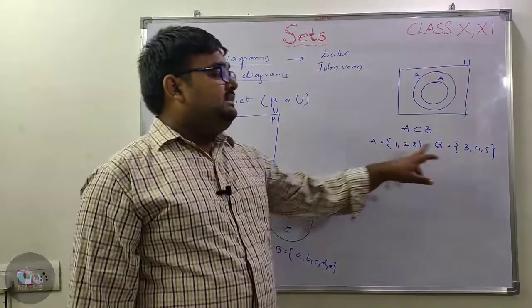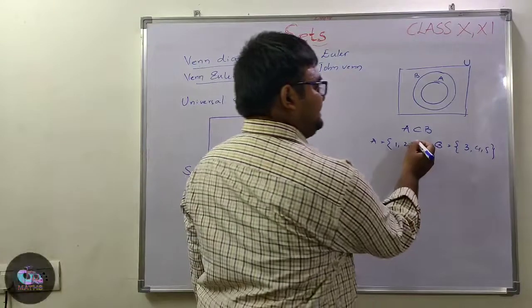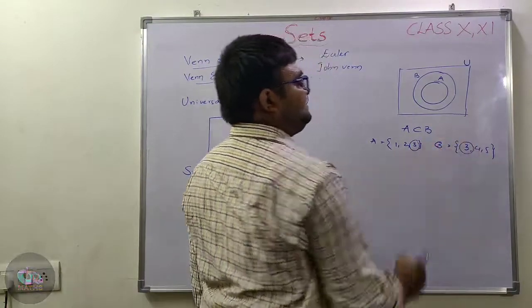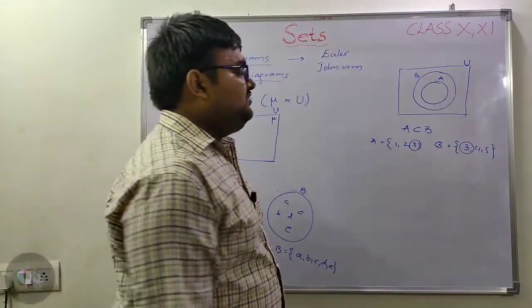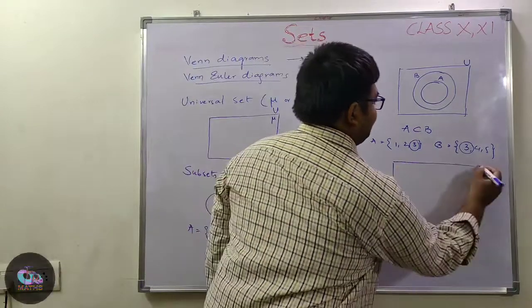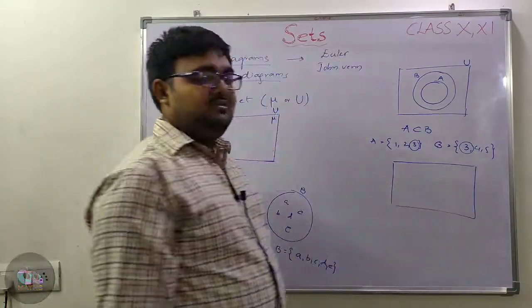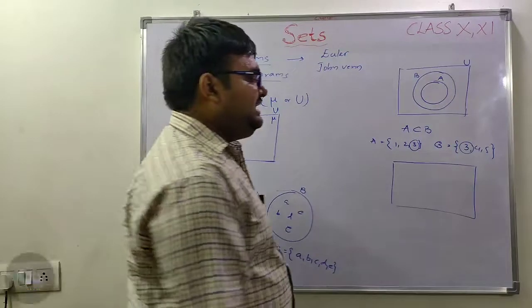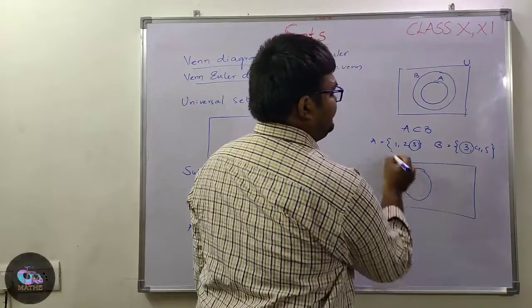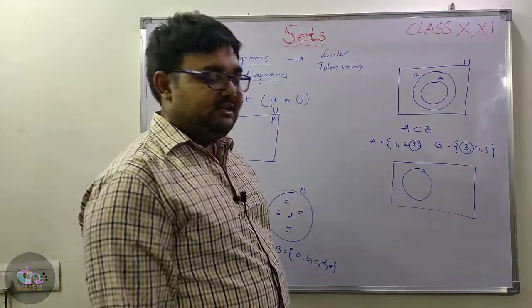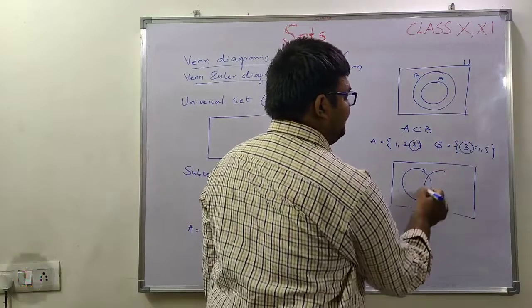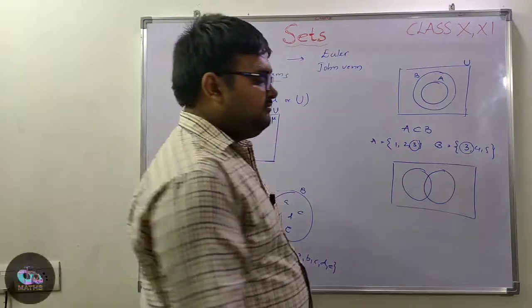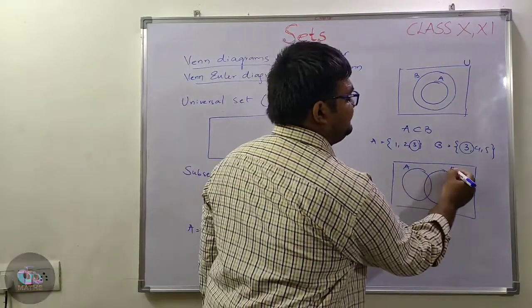There is one element which is common. To represent such sets, we draw the universal set first, then draw set A using a circle, and next draw set B. So this is set A and this is set B.